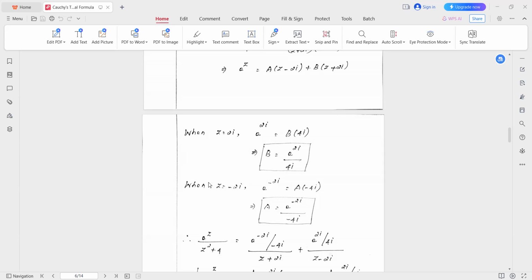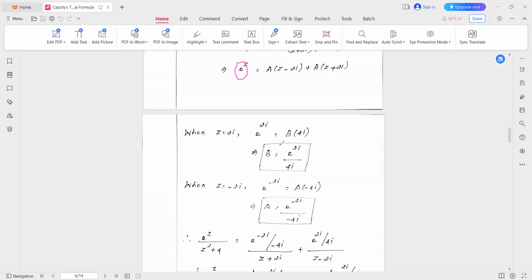When we substitute z equal to 2i, e power z becomes e power 2i, and A will vanish. The remaining thing is B into 2i plus 2i, which is 4i. Therefore B is equal to e power 2i by 4i.